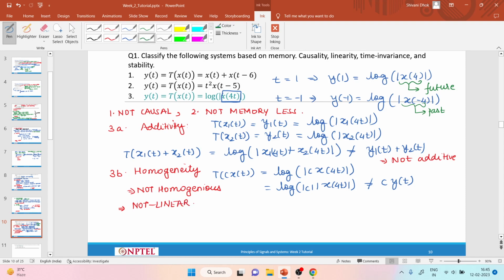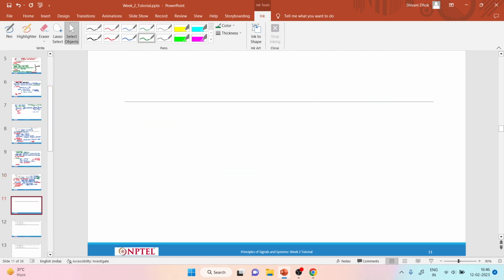Let us look at the fourth thing, and that is time invariance. And the relation that we are given is y of t is equal to log of mod x of 4t.